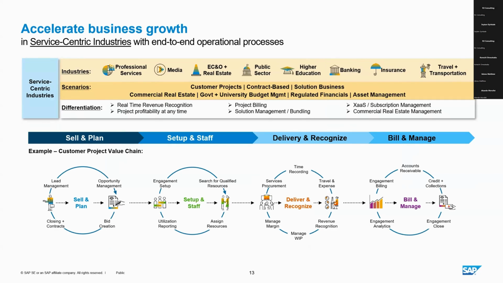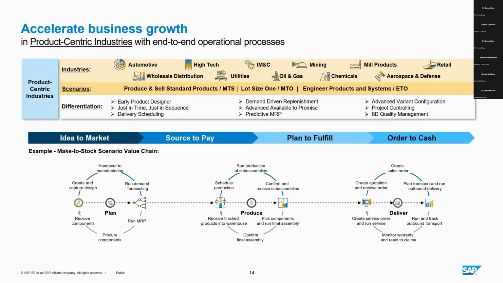Yeah, government is covered, higher education. There's big industry focus for banking, insurance, travel, and transportation. Also, specific product-centric industries like automotive, high tech, IM and C, mining, mill, and retail are all covered in this solution.